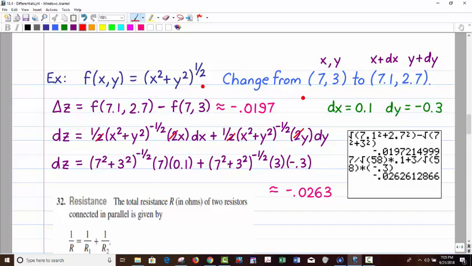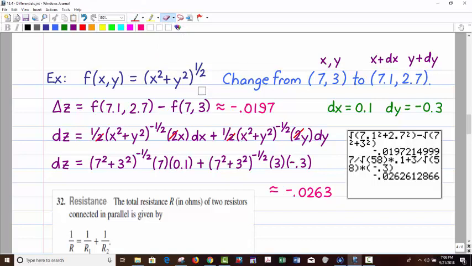So what that means is the dx is going to be a positive number, and the dy will be a negative number. So to go from 7 to 7.1, all you have to do is take 7.1 minus 7, which is positive 0.1. Then if you take 2.7 minus 3, you get negative 0.3 because y decreased. So here's the delta z.